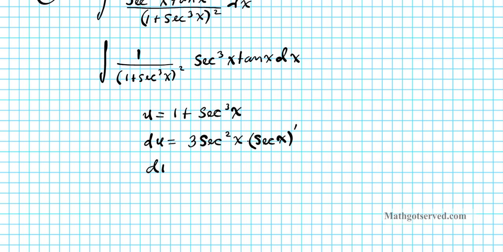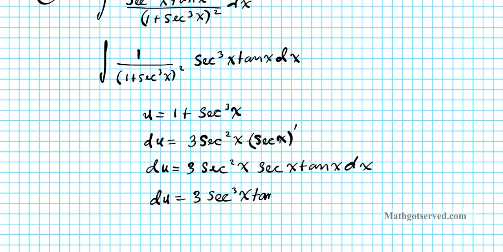So du is going to be 3 secant squared x. Derivative of secant x is secant x tan x dx. And this whole thing simplifies into du being 3 secant to the third x tan x. So you can clearly see that this is a multiple of that.